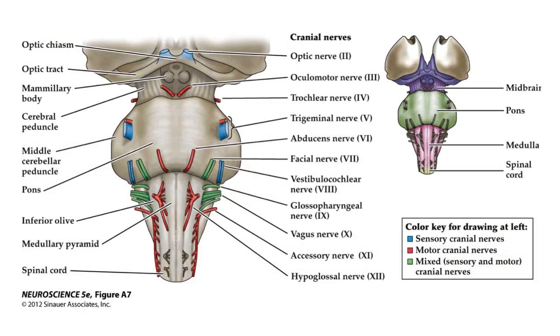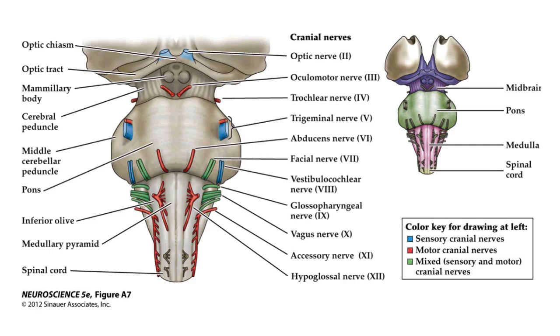Well, in a previous tutorial, you've had the chance to look at the cranial nerves on the actual human brainstem, as well as to study them, I trust, in this illustration from our textbook that we've been reading along the way. This is from the appendix, figure A7, and this figure lays out for you the cranial nerves that attach to the brainstem.